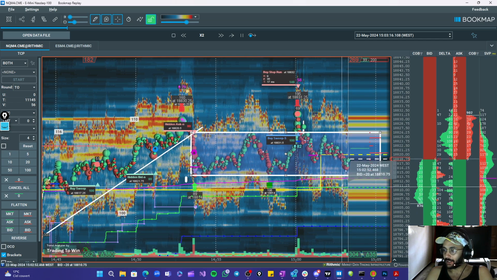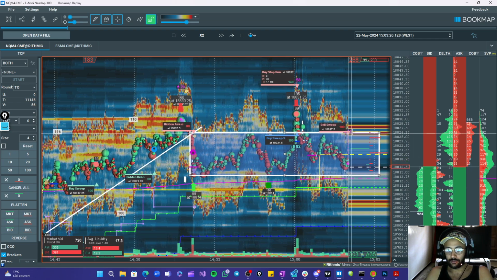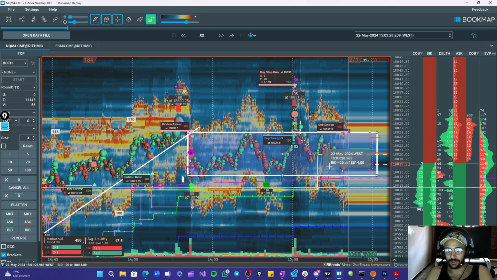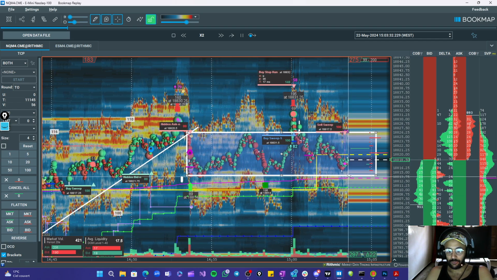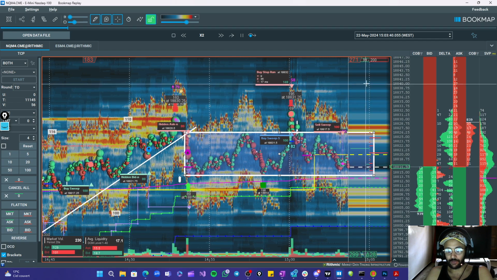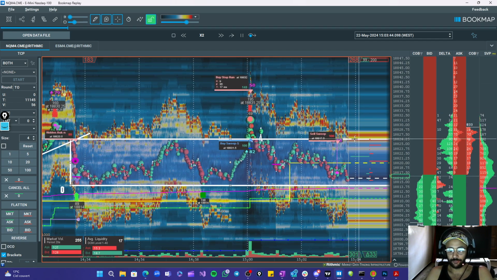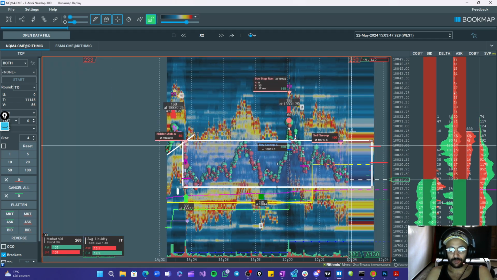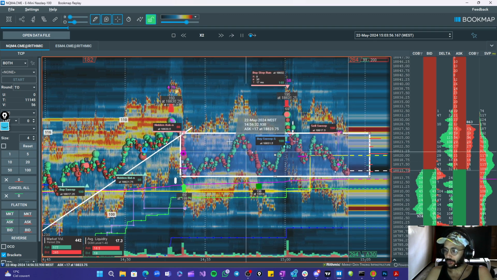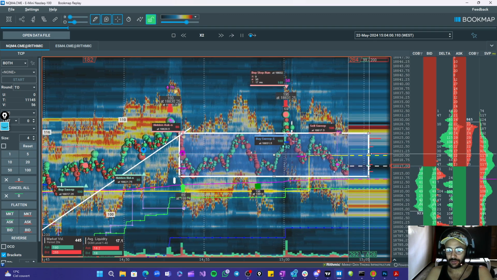So for me, it'll be interesting to trade when we are outside this range. If we go from here, we can short the market. If we go from the outside, we can go long the market. But for now, it's only choppiness over here. Nothing interesting.